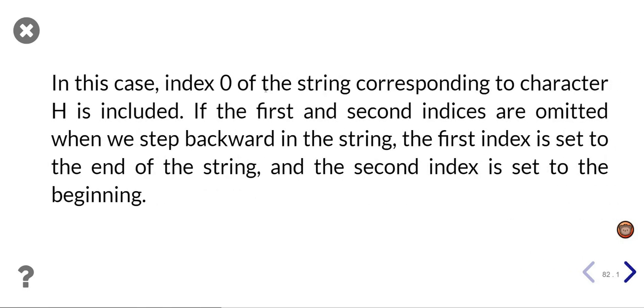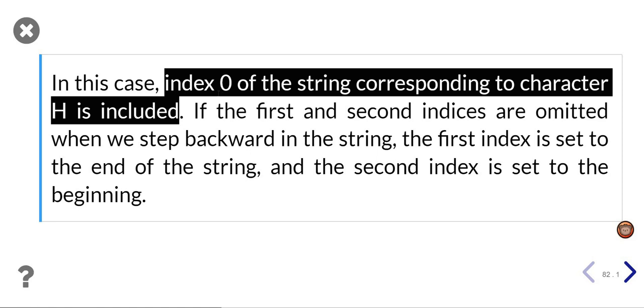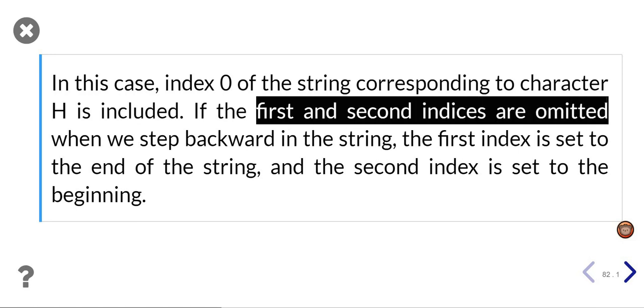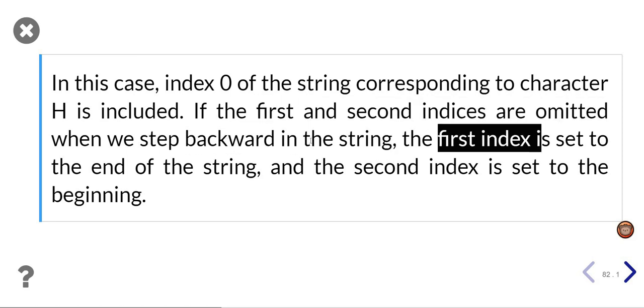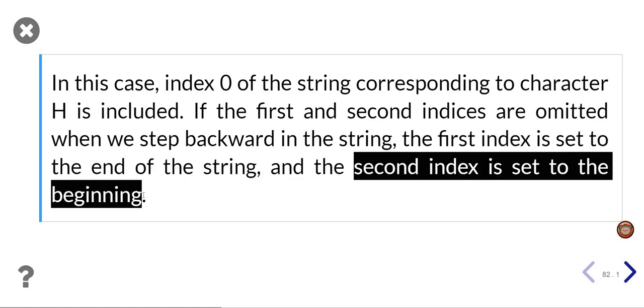So this is what we did. This is what we said. Index 0 of the string corresponds to the character H, which is now included. If the first and second indices are omitted, if you keep both empty, when we step backward in the string, the first index is set to be the end of the string and the second index is set to be the beginning. Do you get this point?